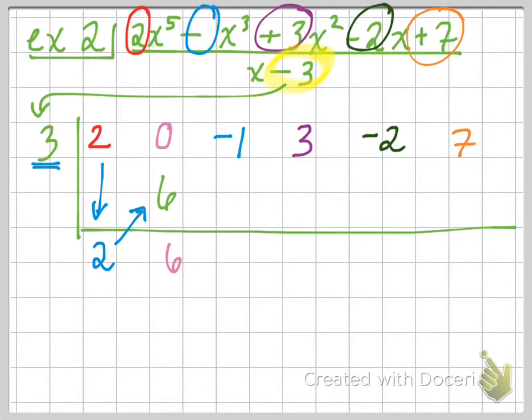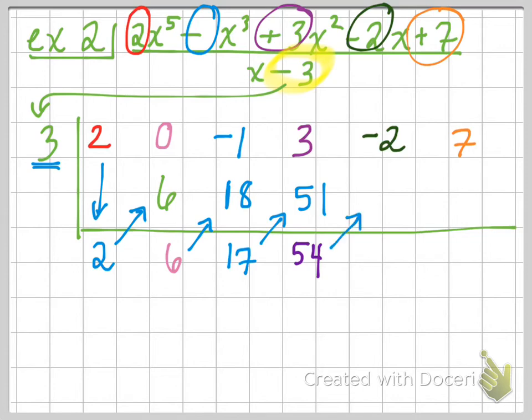Take the 6, multiply it by the 3 out front, and get 18. 18 plus the negative 1 above it is 17. Now I'm taking 17 and multiplying it by 3, and that is 51. Now 51 plus the 3 right above it is 54.